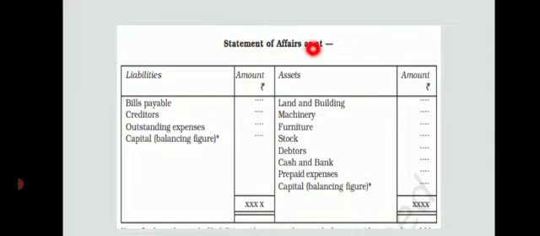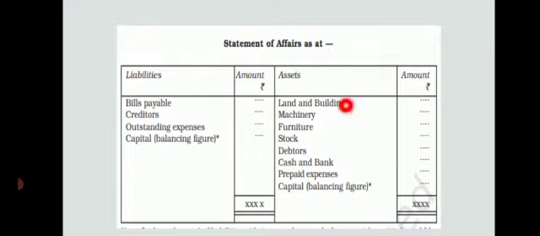Statement of affairs as at. In the last previous class I solved a problem on the statement of affairs to find out opening capital as well as closing capital. A simple problem I had solved just to know how to calculate the capital, right?